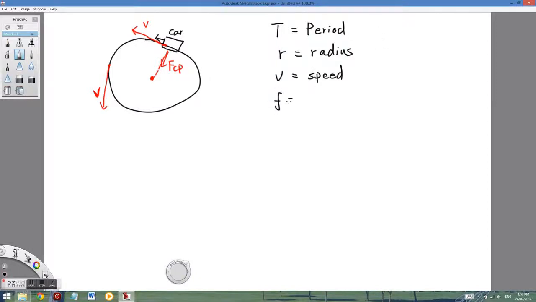Also, f is known as frequency. It means how many revolutions per second.